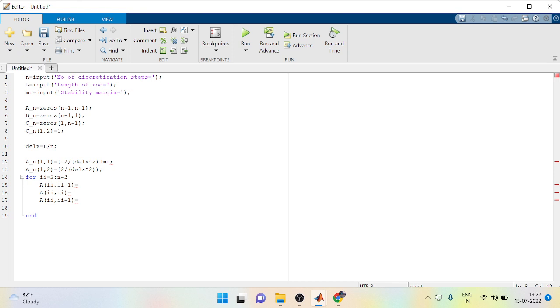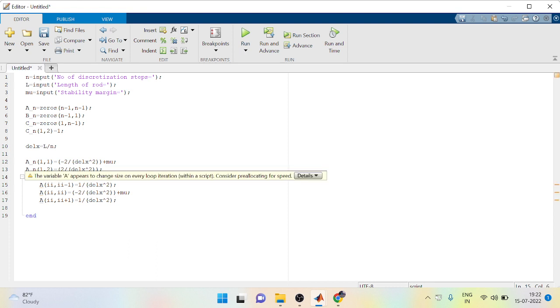Okay. 1 by del x square. So this is the finite difference. Okay, E underscore n, right?